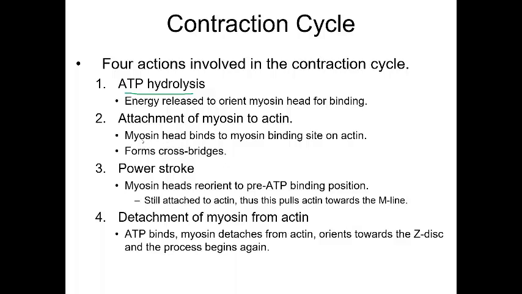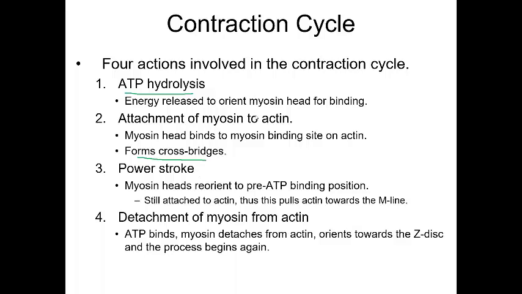Now, once the myosin head binds, a cross bridge is formed, and a power stroke takes place. So it binds, and a power stroke takes place that pulls the actin towards the M line. So imagine the golf club shaped head pulling the thin filament towards the M line. So it's a tug of war. It's pulling the thin filament towards the M line.